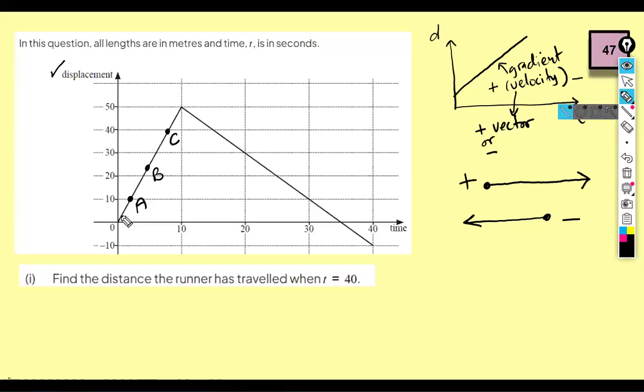All 3 points have the same exact gradient. I'm just saying, if the gradient at point A was 6, the gradient at point B would also be 6, and the gradient at point C is also 6. Because this is a straight line, the gradient at any point on this line will be the same.